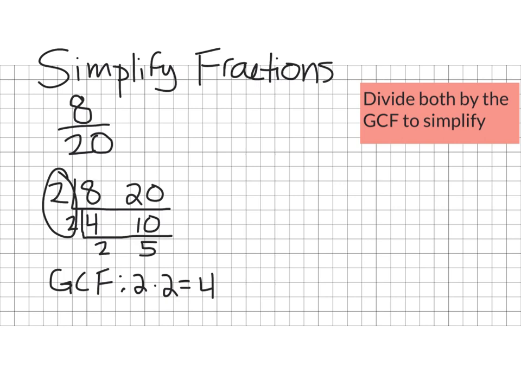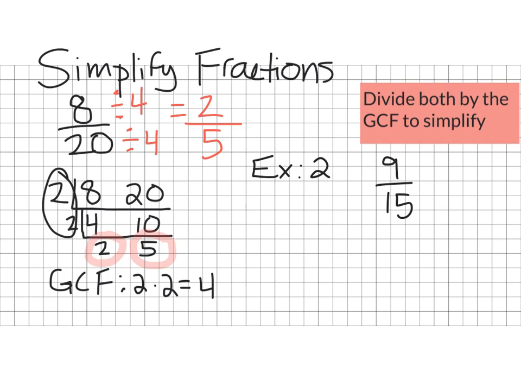So here we're going to divide 8 by 4, and we're going to divide 20 by 4. And 8 divided by 4 will give me 2. 20 divided by 4 will give me 5. Notice that those are the same numbers that are down here at the bottom of my cake.